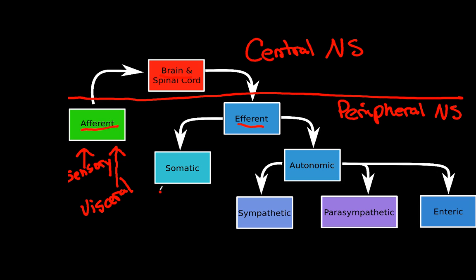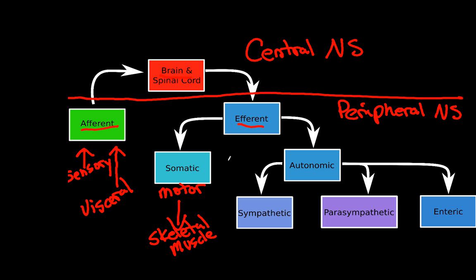These are also known as motor neurons, and these are going out and carrying information to skeletal muscle. These are the neurons carrying the information for you to move your muscles, move your body around, to talk, to do whatever you want to do.